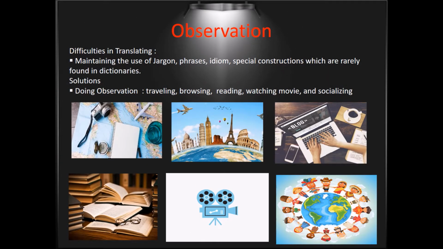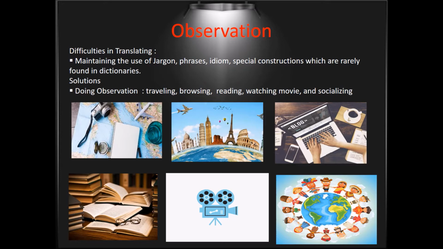Then, the next requirement of good translation is observation. In translation, there are several common difficulties that happen while translating, such as maintaining the use of jargon, phrases, and idioms which are rarely found in dictionaries. So the solution to those difficulties is observation.